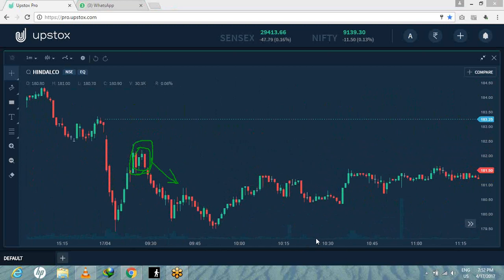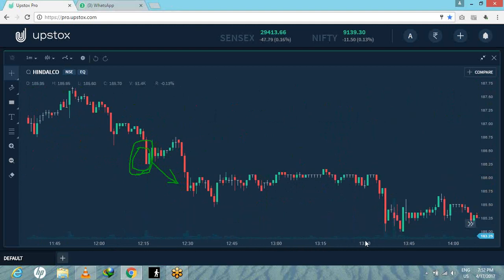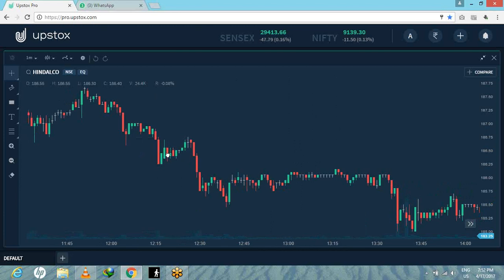Now again, I will show you one to another patterns. Here is again my bullish engulfing, but it's not that strong.